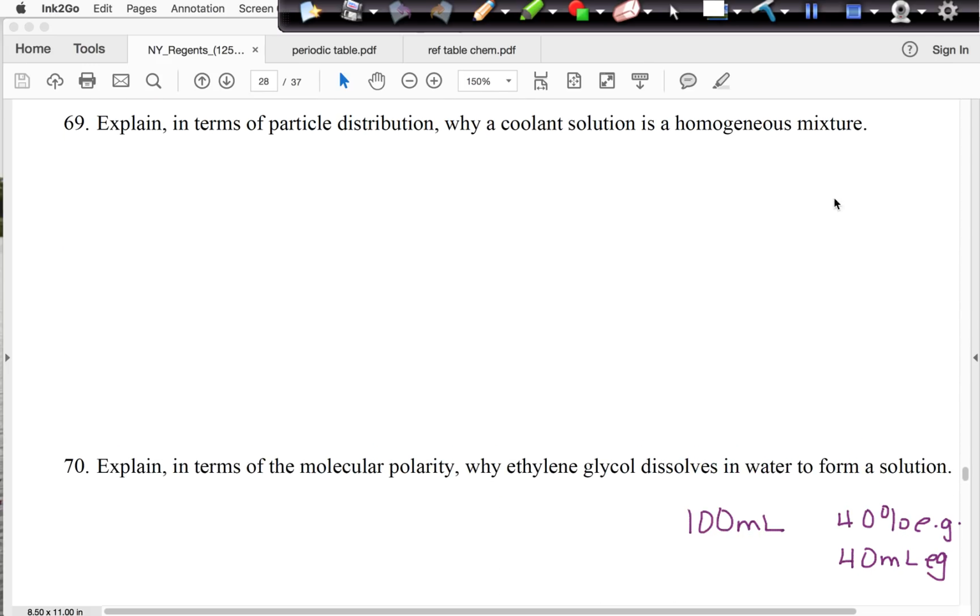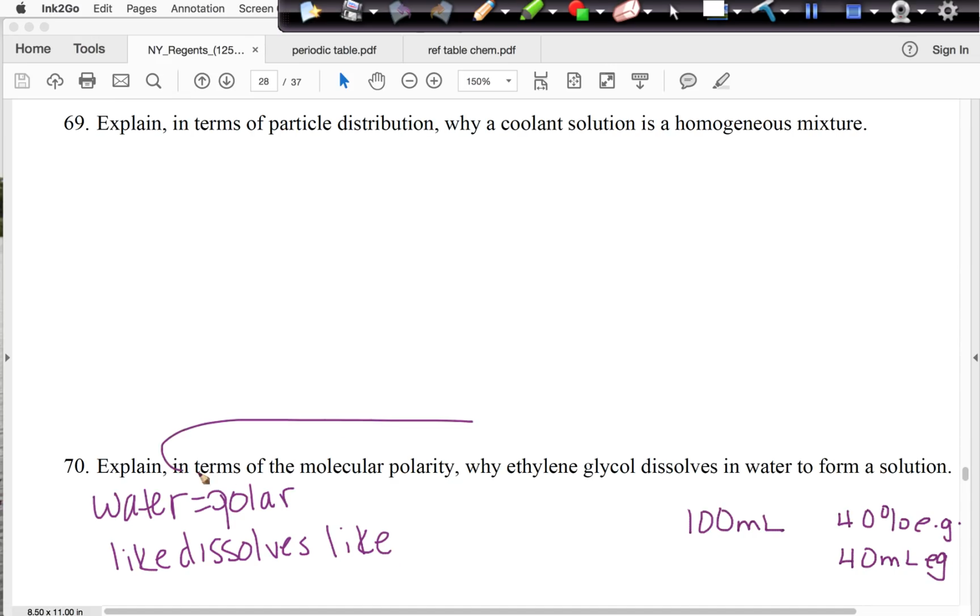For number 70, explain in terms of molecular polarity why ethylene glycol dissolves in water to form a solution. Remember that water is polar and like dissolves like.